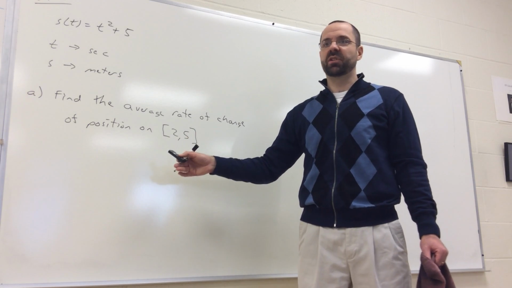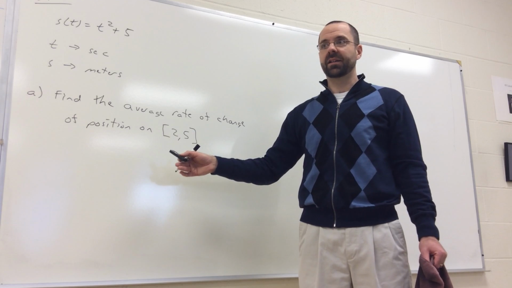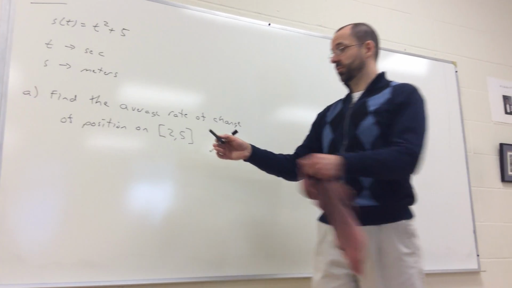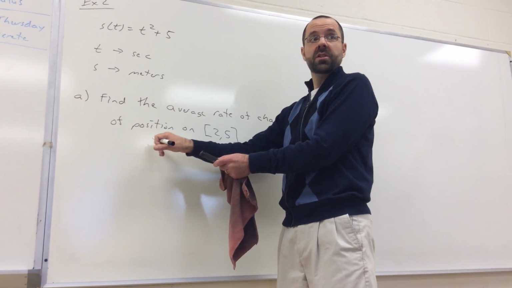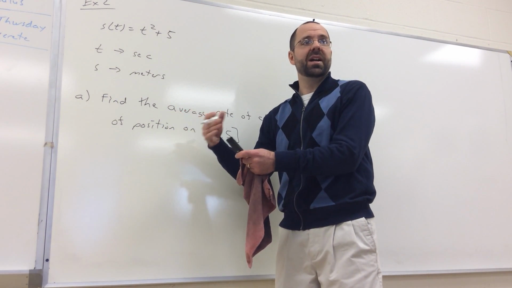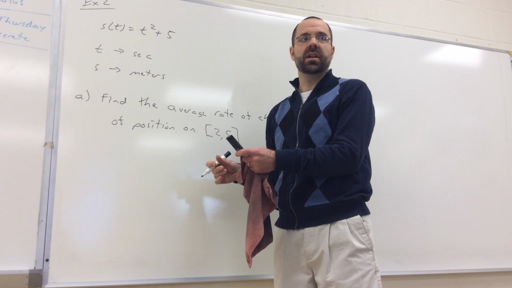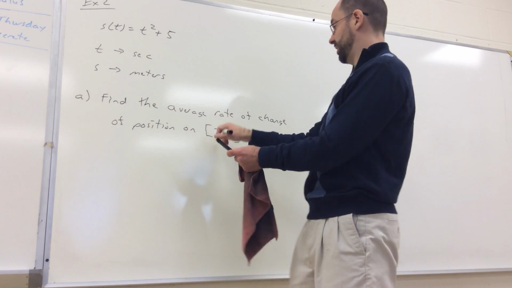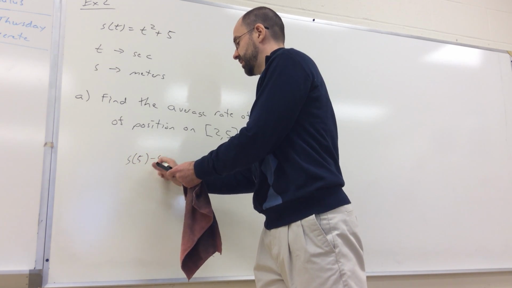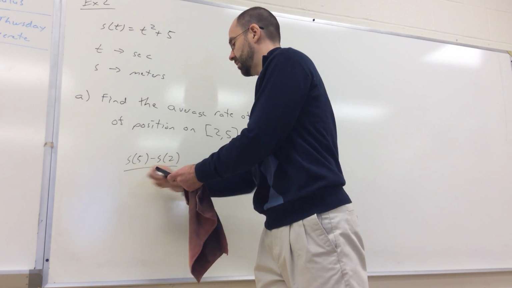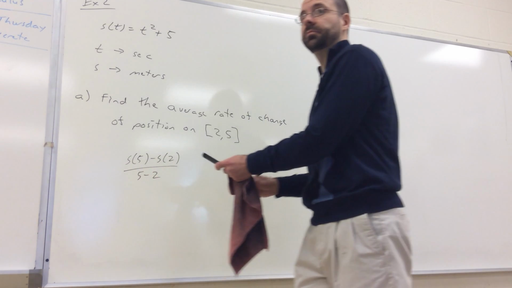But we're calling it average rate of change because it's not on a straight line. So in this case, we're trying to find the average rate of change of the position. So it's going to be s of b minus s of a all over b minus a. The b and the a are 5 and 2. So it's going to be s of 5 minus s of 2 all over 5 minus 2.